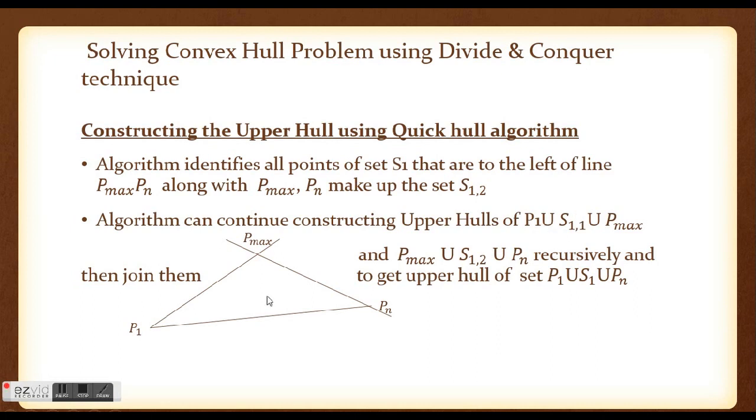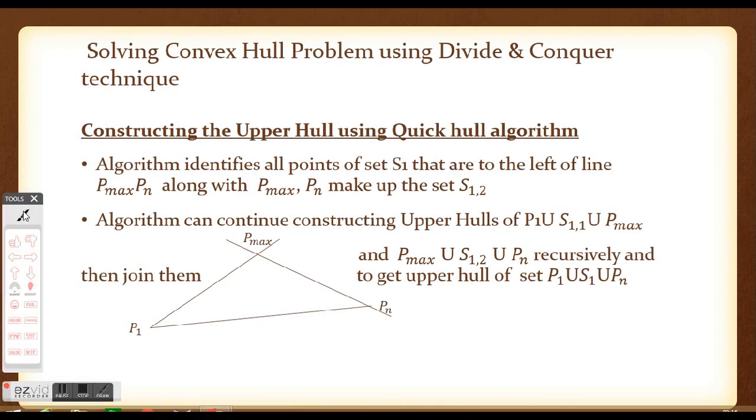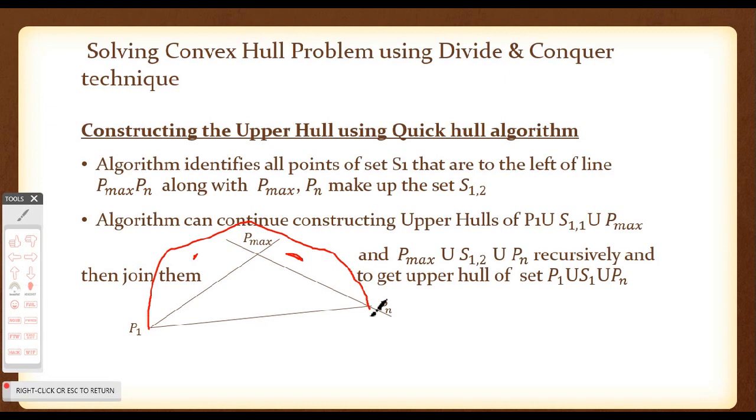So the upper hull of P1 union S1,1 union P max is nothing but this region, whereas the upper hull constructed using P max union S1,2 union Pn is this region. Combining these two, we get the upper hull of the set P1 union S1 union Pn, that is nothing but the whole region covering the set of points above the P1 Pn line segment.